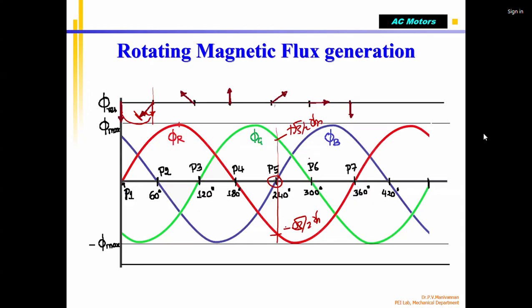So like this, for each instant you can calculate, draw the vector diagram as a parallelogram, and find out the angles also. So from this, what you can understand is the rotating magnetic field here, because I am giving a 3-phase voltage which is separated by 120 degrees. Current also varies. So the magnetic field created by each phase is also sinusoidally varying.